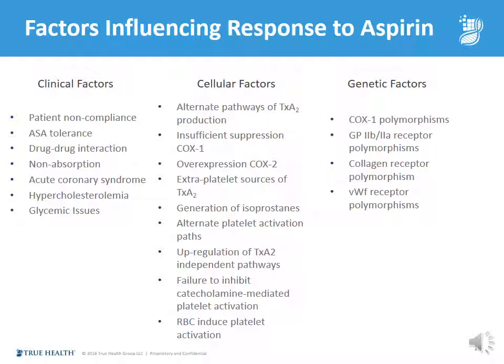Of course, in an acute coronary syndrome, there is significant overproduction of thromboxane A2, and it would be tougher to inhibit in that situation. There are studies showing marked hypercholesterolemia can also aggravate or hinder the effect of aspirin on thromboxane A2, as well as abnormal glycemic issues. The middle column discusses some of the cellular factors that go on that influence the response to aspirin, and on the right are some of the genetic factors that could be at play affecting platelet reactivity.